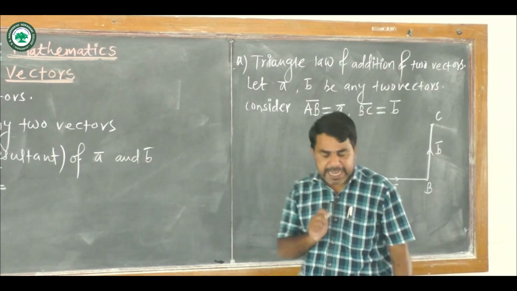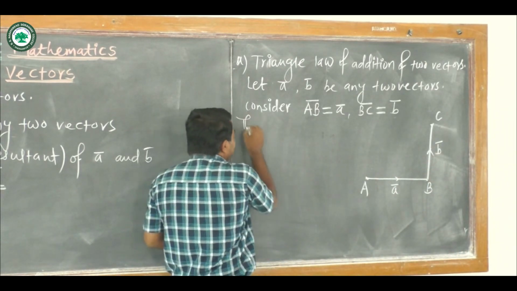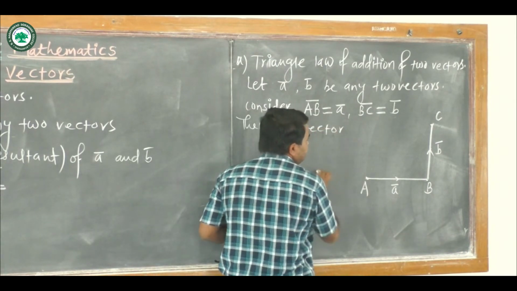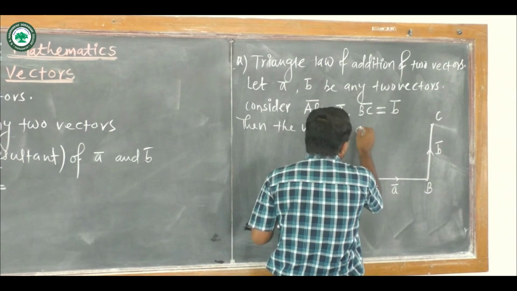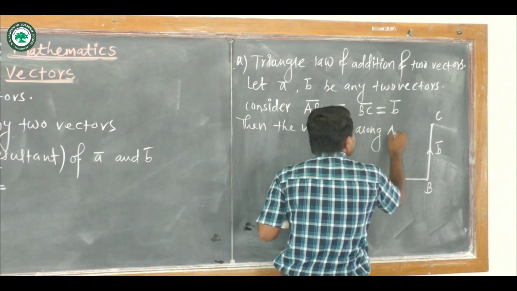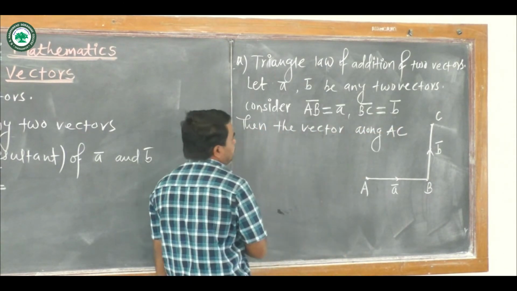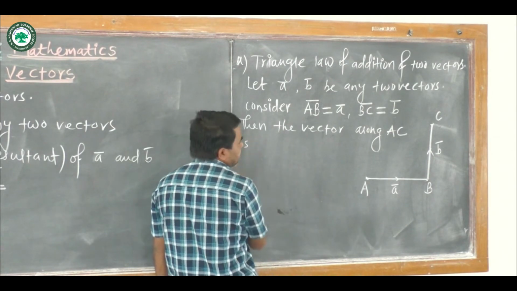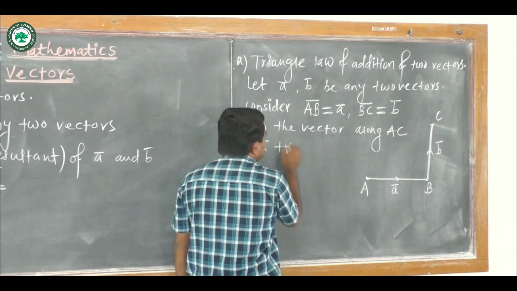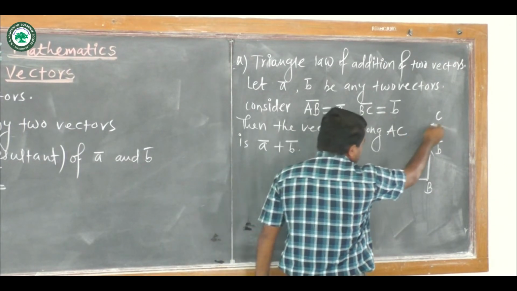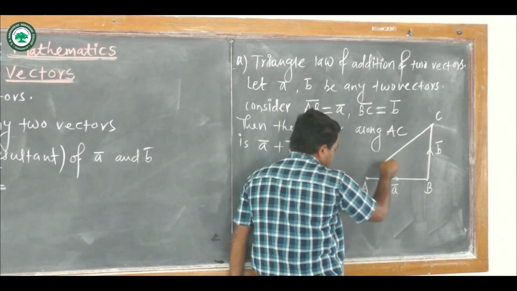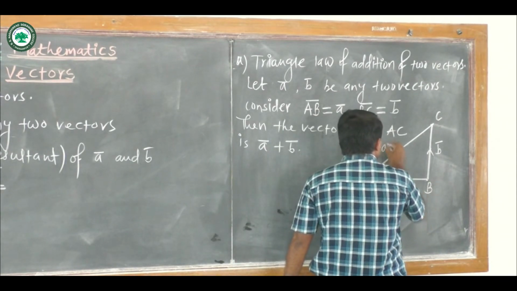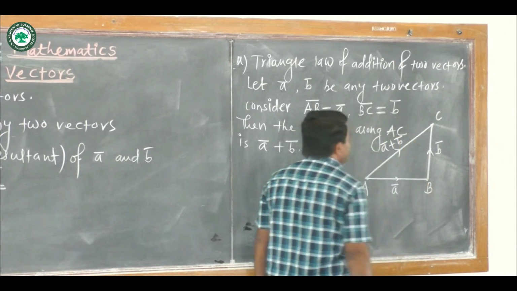Then the vector along AC is A bar plus B bar. See here, this AC. Along this AC, it is A bar plus B bar.